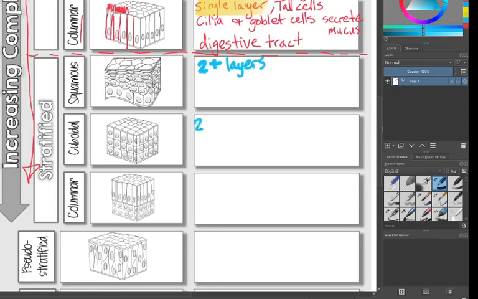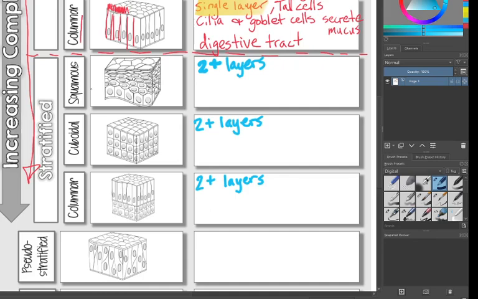This one is also going to be 2+ layers, and this one is also going to be 2+ layers. The first one we talk about is stratified squamous tissue.